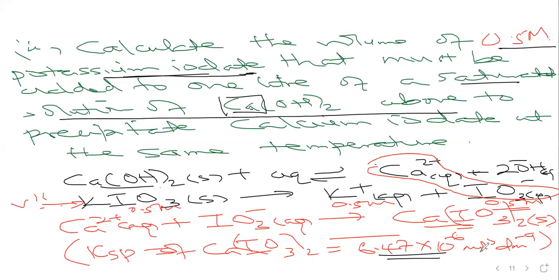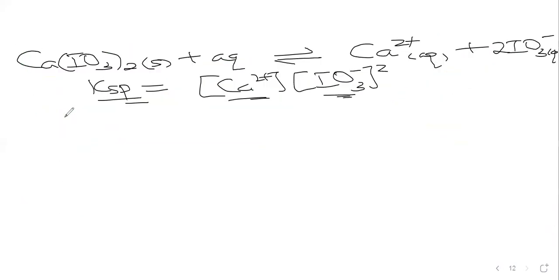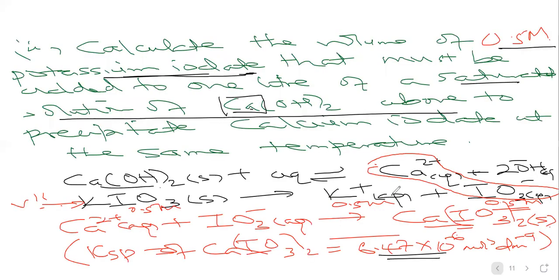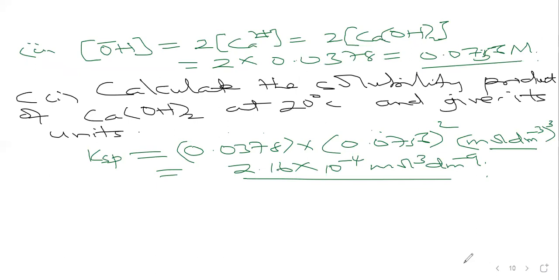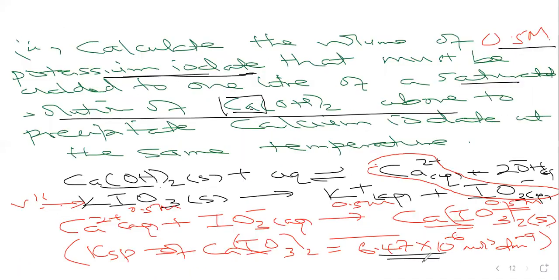So I'll substitute 6.47 times 10 power negative, was it negative 6? Yeah, negative 6. The concentration of calcium ions from the previous question was 0.0378.